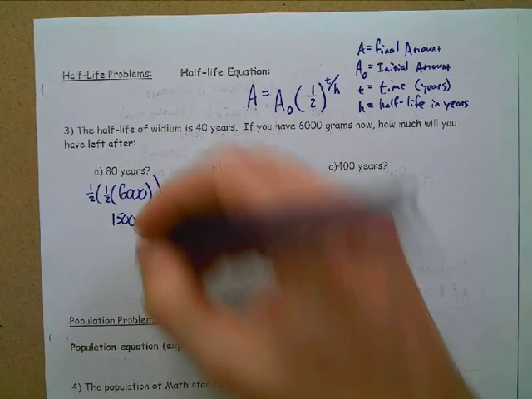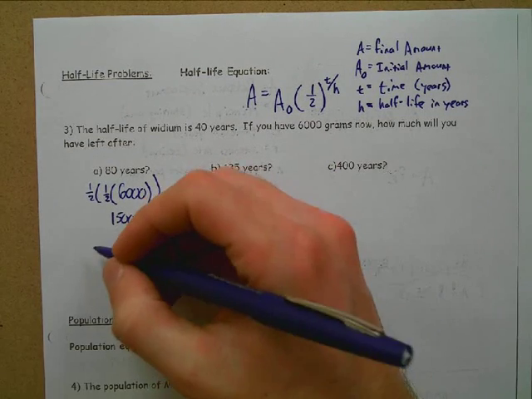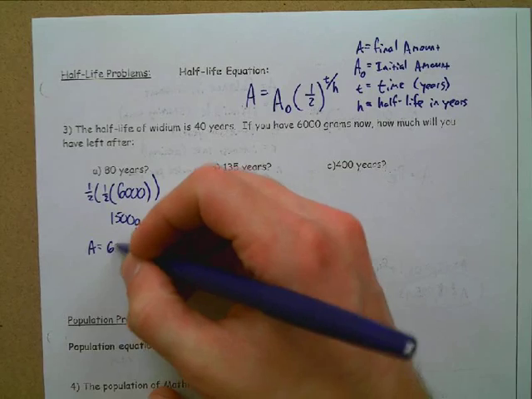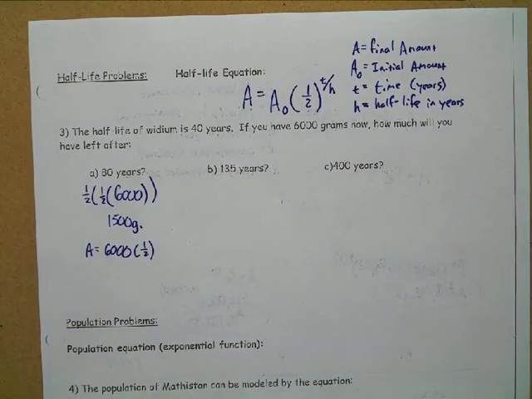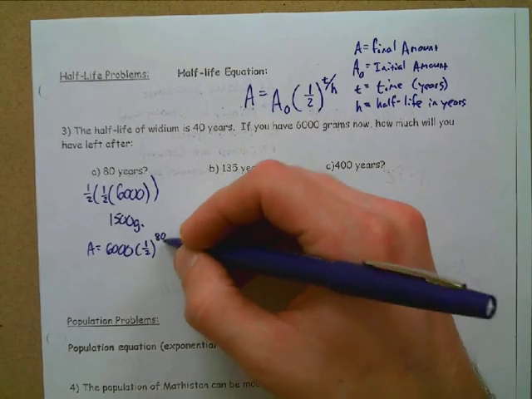So we kind of know the answer to this one. It's not necessary for us to use the formula, but let's use it just to check that it does what it's supposed to do. We're going to find our final amount with our initial amount of 6,000 times 1/2 to the, well, the time in this case is 80, over the half-life, which is 40.